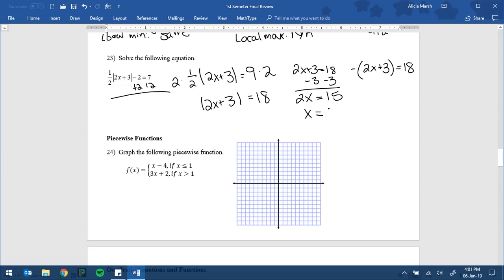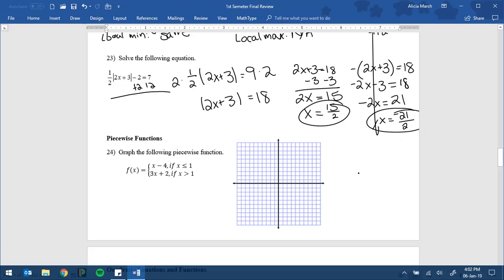I'm going to get x equals 15 halves, it looks like, 7.5. Distribute my 2 in. I got to add the 3, so that's 21. Whoa. X equals negative 21 over 2 for my answer.